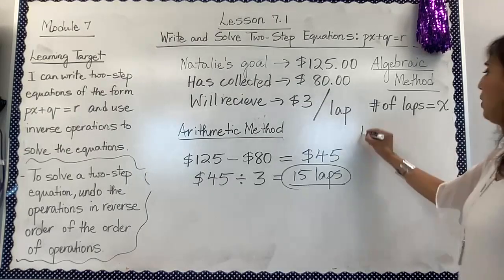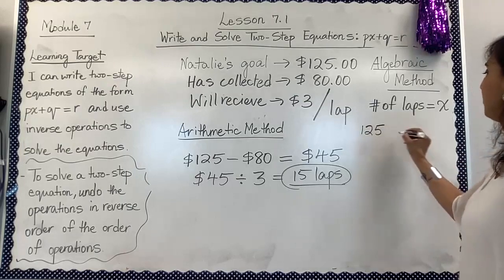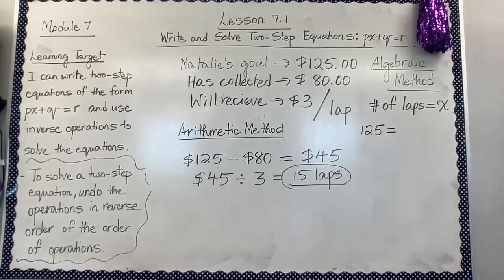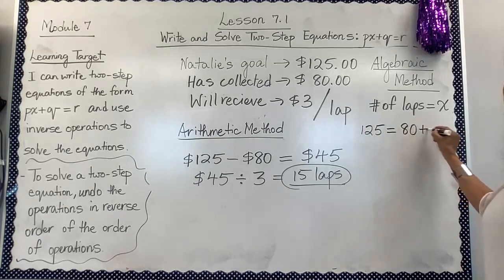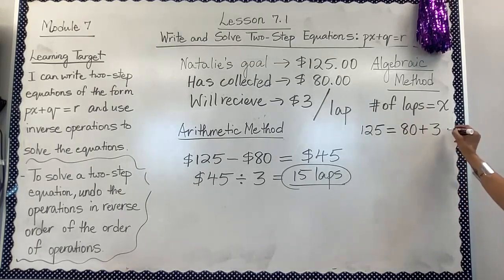Her goal is $125. And this is equal to, she has collected how much? 80 plus $3 times how many laps that she does, right? So now that I have an equation written out like this, all I'm doing is now solving it.